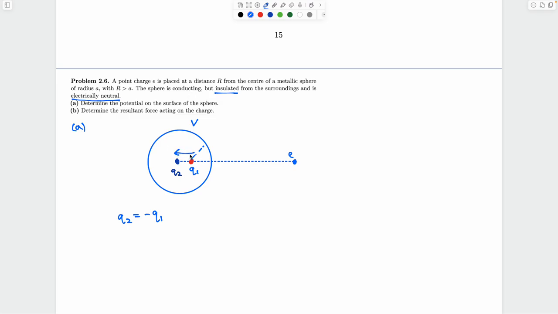This length, so from the results, Q1 is negative E A over R. And then by this result, Q2 must be just positive of whatever this is.